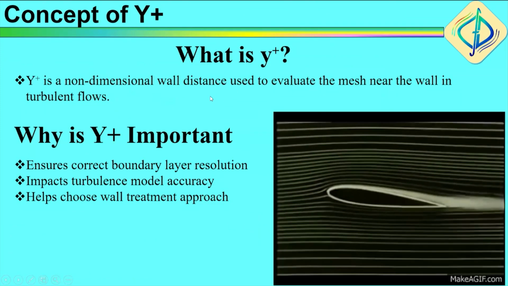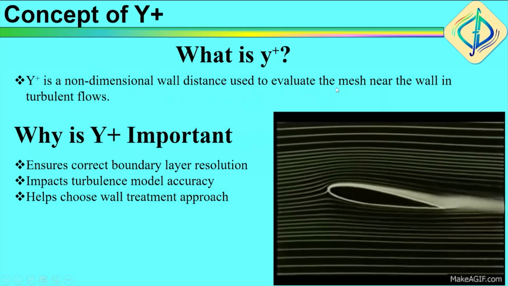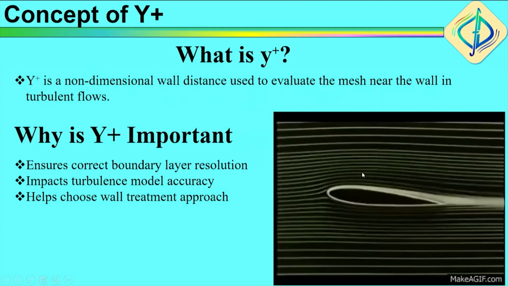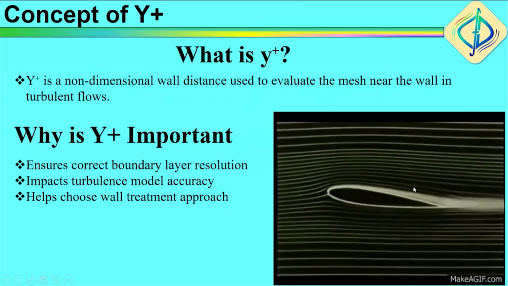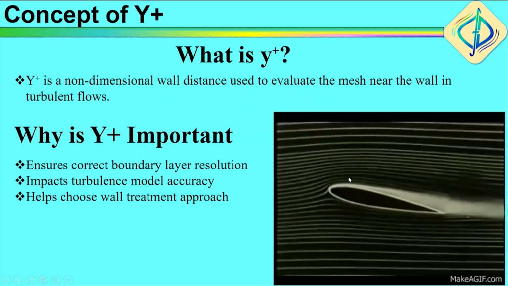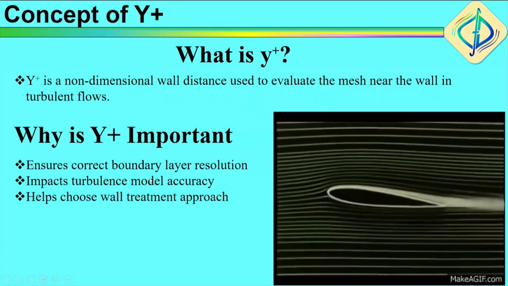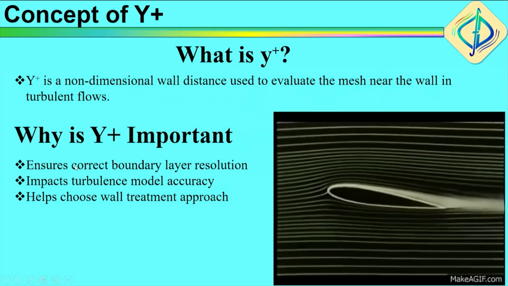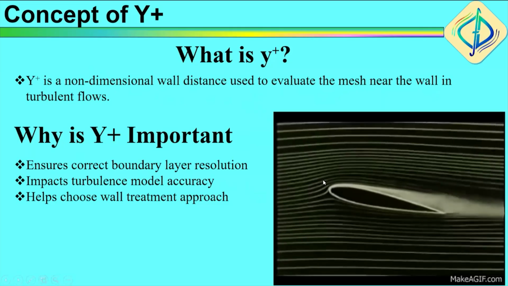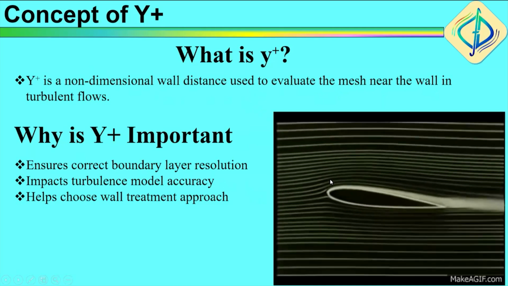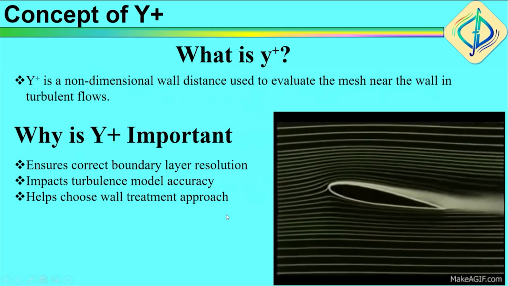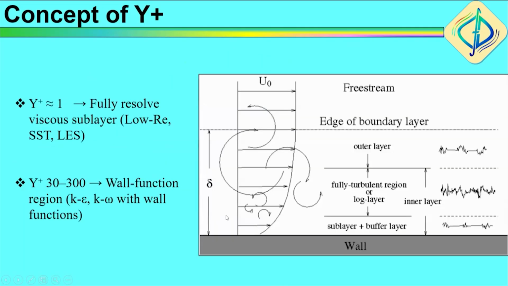Y plus is a non-dimensional wall distance used to evaluate the mesh near the wall in turbulent flows. In turbulent flow, there is too much chaos occurring, so to accurately capture what is exactly happening in this region, we generally model the Y plus. This is its importance: it ensures correct boundary layer resolution. Y plus is very helpful in modeling our turbulence as well, and it also helps us choose the wall treatment approach.